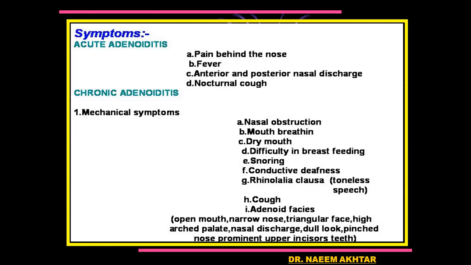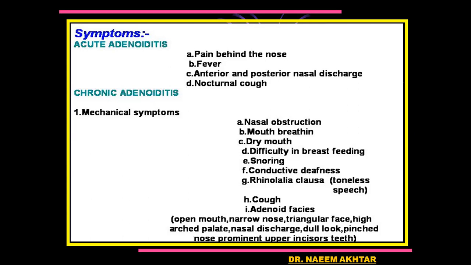In chronic adenoiditis, the patient usually will have mechanical symptoms in the form of nasal obstruction, mouth breathing, dry mouth, difficulty in breastfeeding, and snoring. The patient may have conductive deafness due to tubal dysfunction of the eustachian tube, or due to development of secretory otitis media.